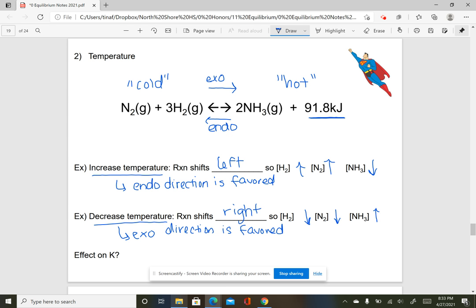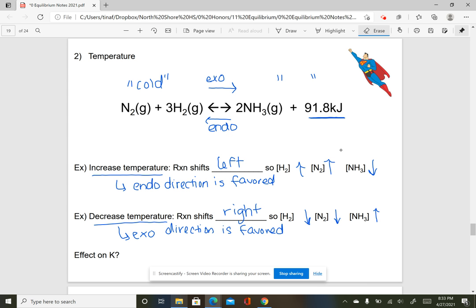So it is worth it to think about what side is the hot side and what side is the cold side before doing temperature as a stress. If you did not write all of this down, I want you to pause the video and write it down, because I'm going to erase the stuff above the equation really quickly to show you how you can use the trick to check yourself. But I want you to make sure you have that stuff written down.